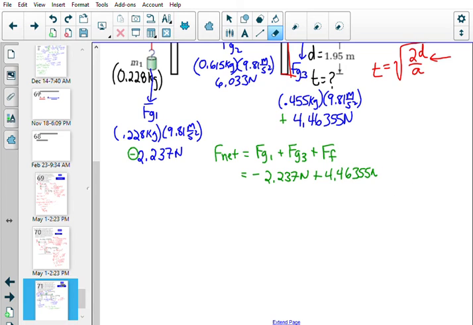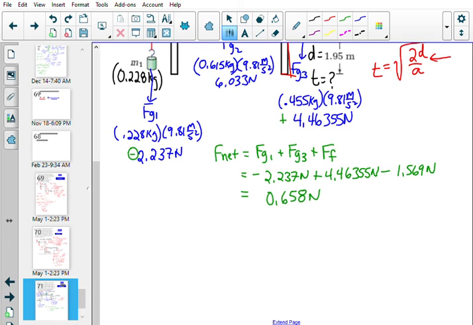My Ff is a minus 1.569 newtons. So when I take 4.4, subtract 2.2, and subtract the 1.59, I get 0.658 as a positive. So it's a positive number. That's what F net is.